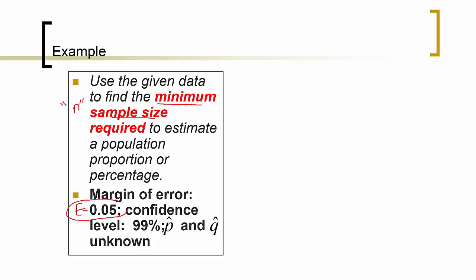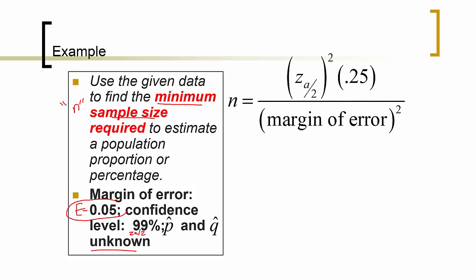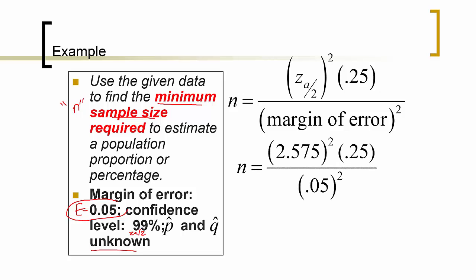Now our confidence level is 99%. That always gives us our critical value z. And p-hat and q-hat are unknown. So this is the n formula that I would use in this situation. If p-hat and q-hat are unknown, then I use the product 0.25. The critical value that is associated with a 99% confidence level is 2.575.